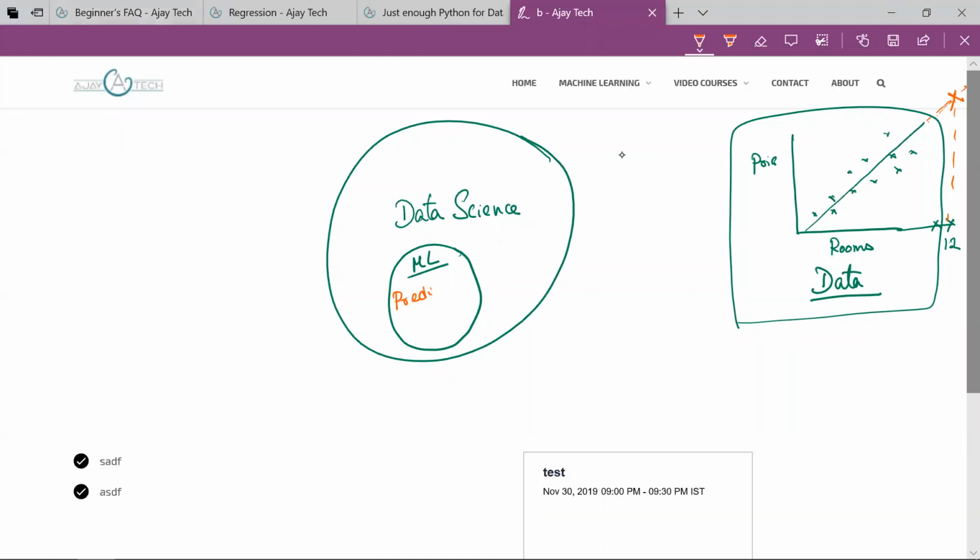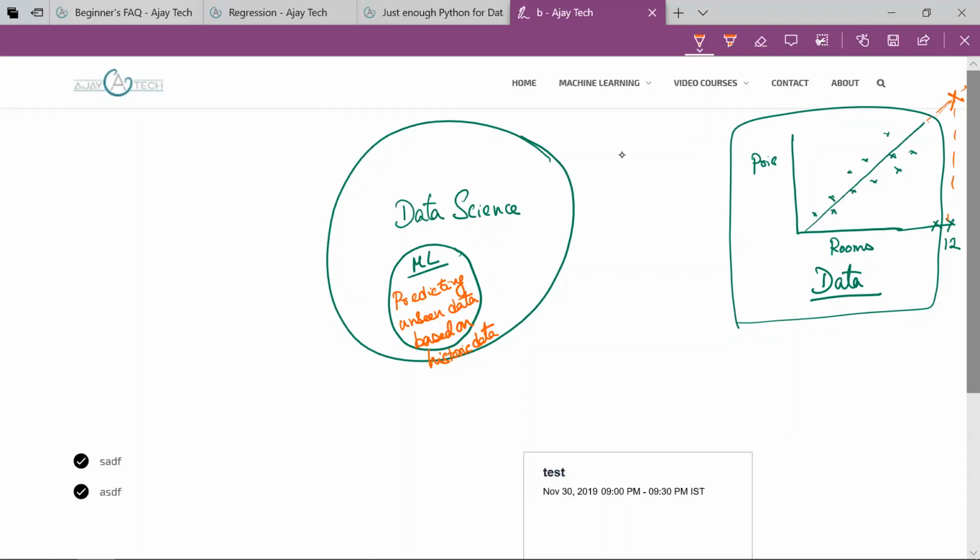Predicting unseen or future data based on historical data. You could use normal machine learning algorithms, you could use anything you want. As long as you're predicting unseen or future data based on historic data, it's called machine learning.